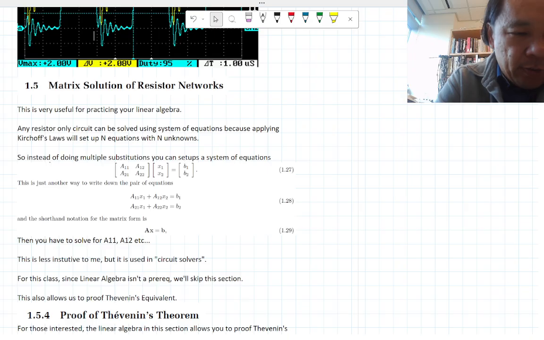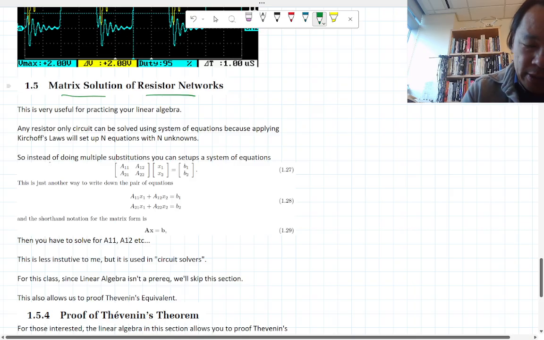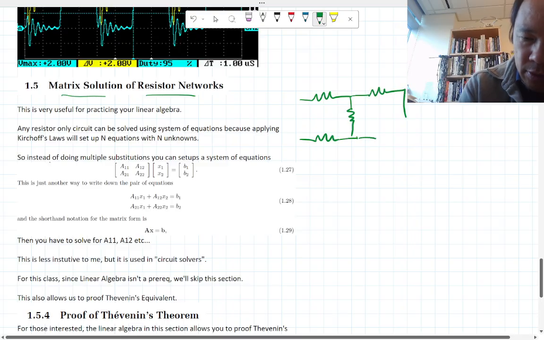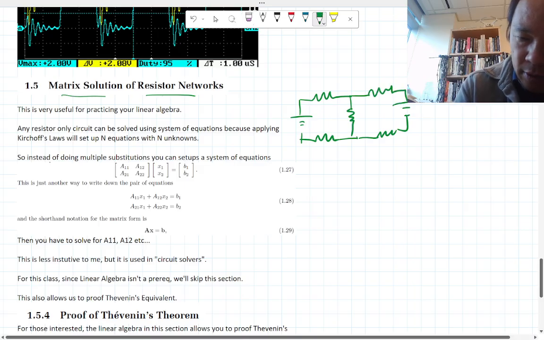Okay, so this is the matrix solutions to the resistor networks. In all these resistor networks, you have a bunch of resistors, maybe something complicated like this, and then you have different batteries around. Maybe there's another battery here, and then you're trying to figure out what V out is.